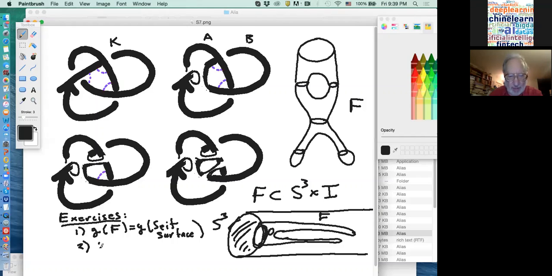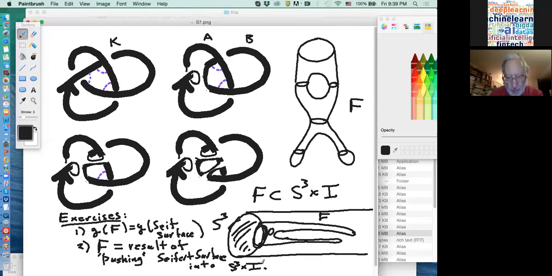And secondly, in fact, F is equal to the result of pushing the ciphered surface into S3 cross I. And by pushing, I mean that you have this surface which is sitting in 3 space, and you can push it in the 4-dimensional direction so that it's a nicely embedded surface in the 4 space, keeping the boundary in the 3 space.